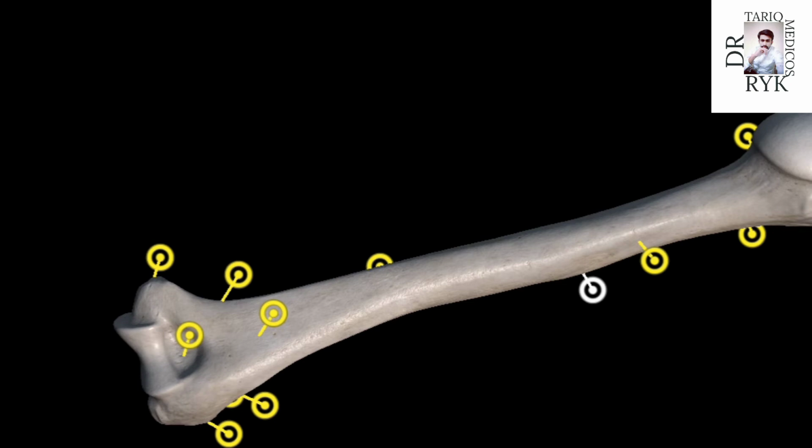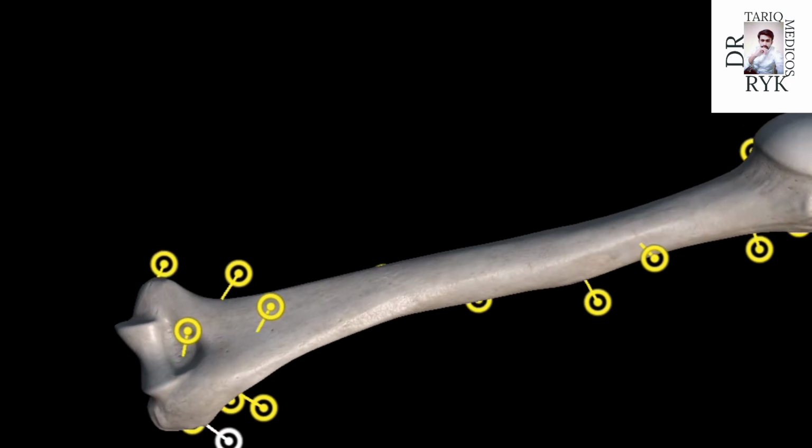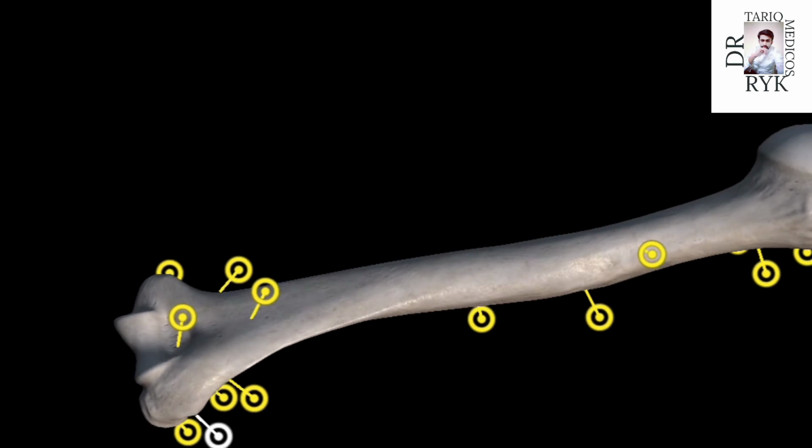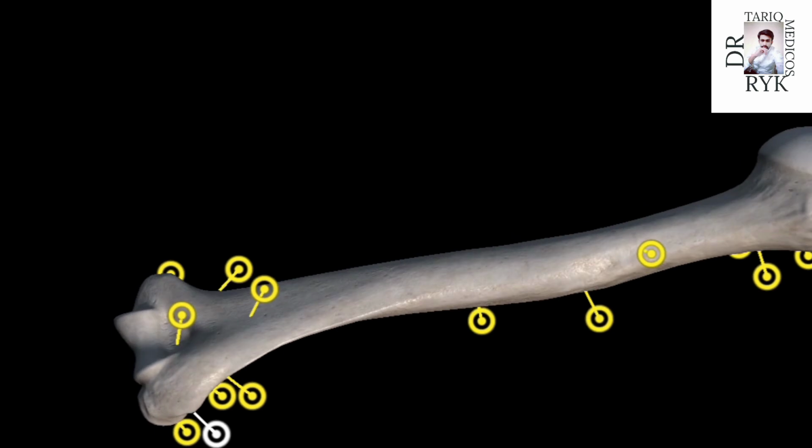And in the distal part, here is the posterior surface of the humerus, and here is the olecranon fossa of the humerus, and here is the medial epicondyle, and here is the lateral epicondyle of the humerus. This is the posterior view of the humerus.